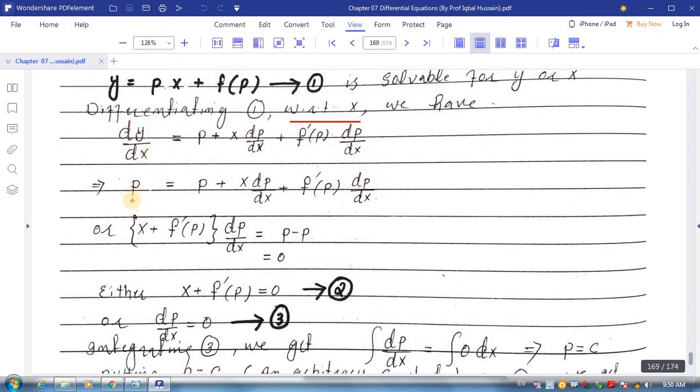Let dy by dx be equal to p, and these terms are again here. Simplifying, taking dp over dx common and transposing this p to the other side, cancelling these two terms, we get 0. Here the product of two factors is 0, so either the first factor is 0 or the second factor is 0.